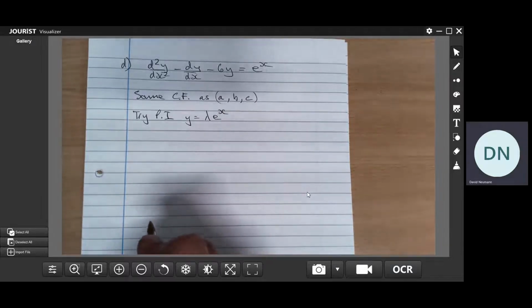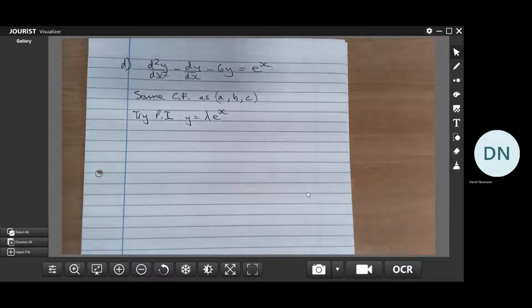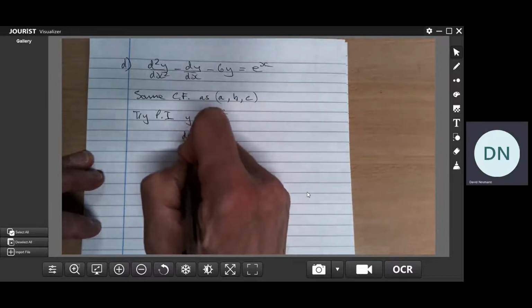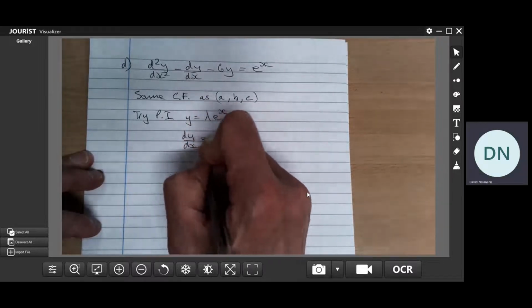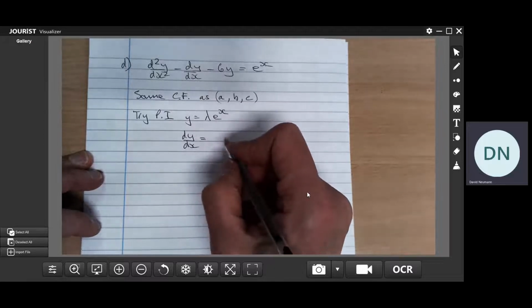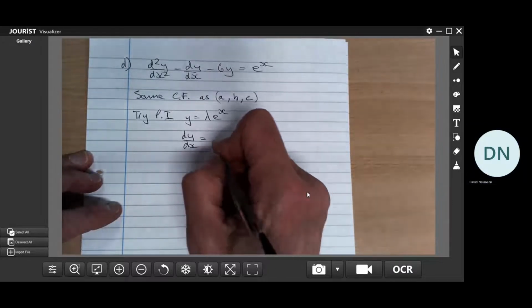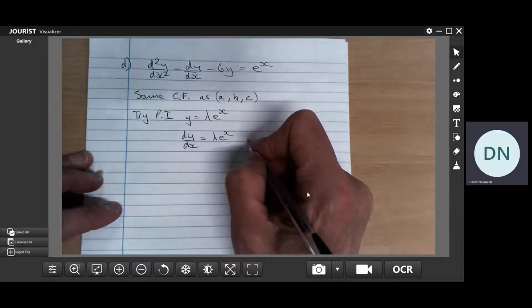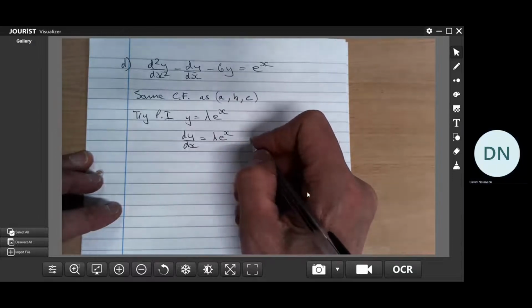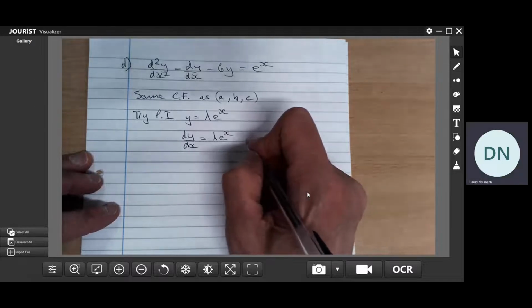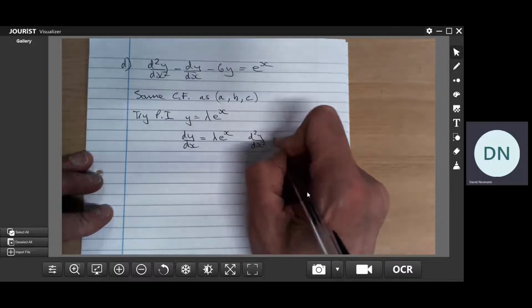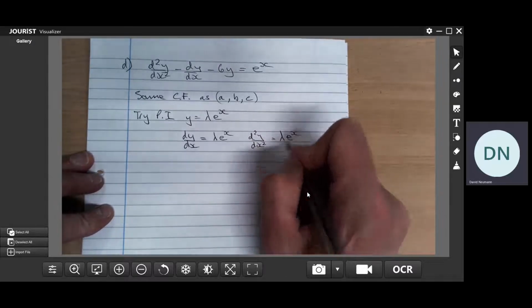So our dy by dx is equal to lambda e to the x, and our d2y by dx squared is also equal to lambda e to the x.